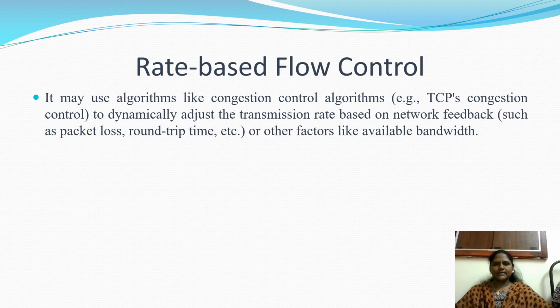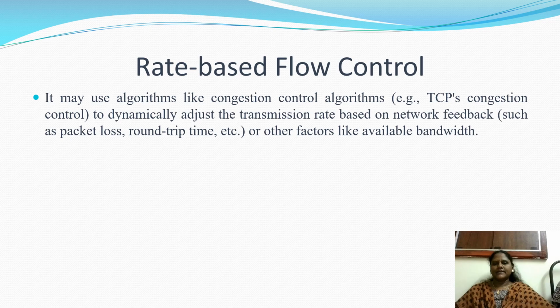So in rate-based flow control, for identifying network congestion, there may be algorithms used to identify the congestion of the network. Also, in the TCP congestion control mechanism, the transmission rate is dynamically adjusted based on the network feedback. It may consider parameters like packet loss, round trip time, and many more.